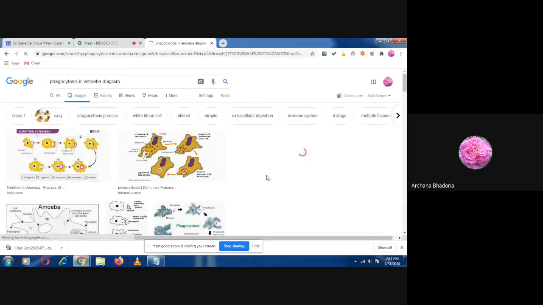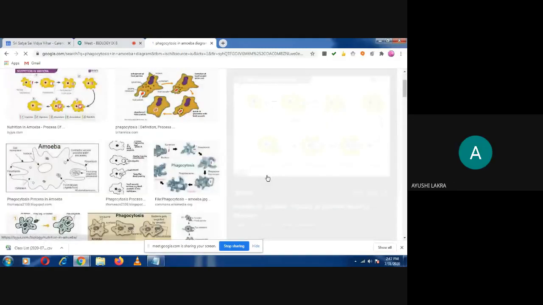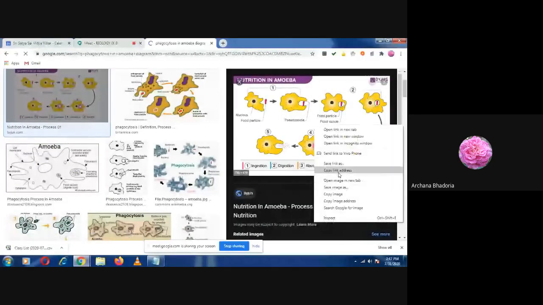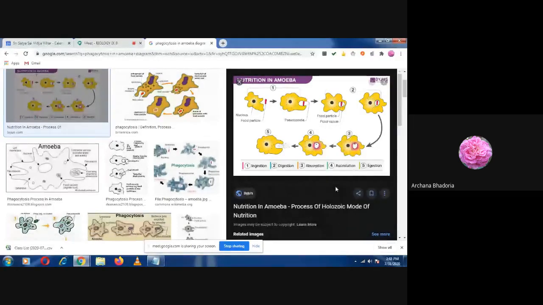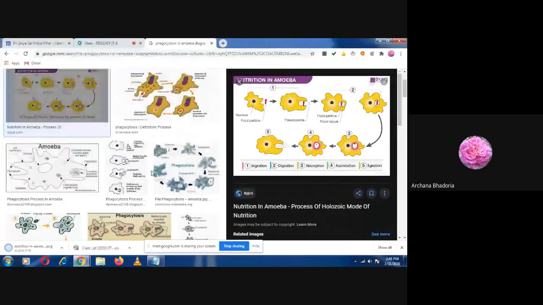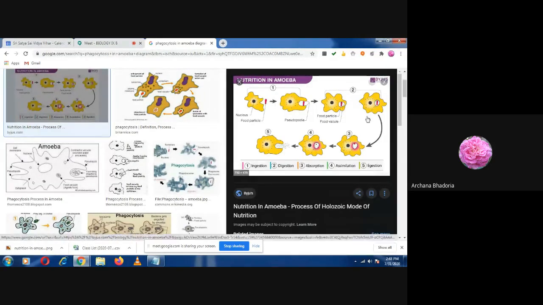Can you see my screen, children? Okay. Now, can you see this figure, the yellow figures which are there?